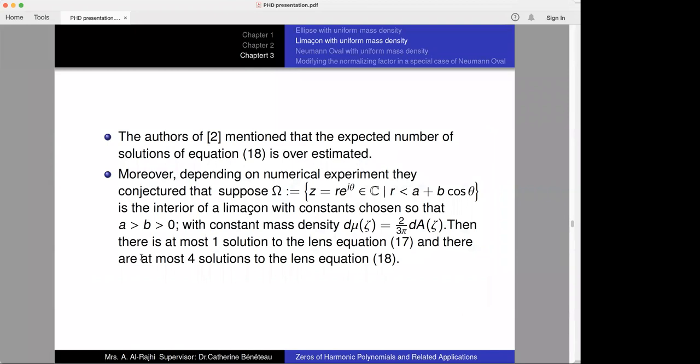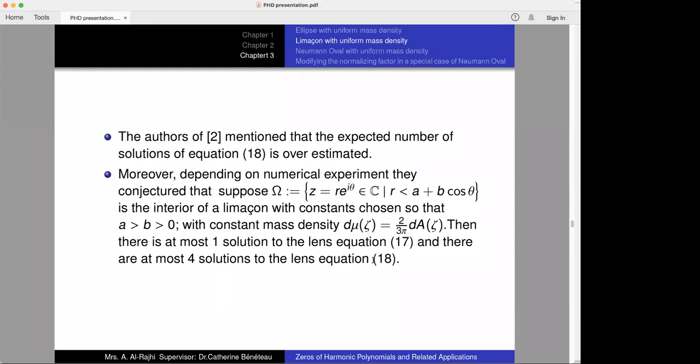The authors mention that the expected number of solutions of equation 18 is an overestimate, as we explained. And they made the conjecture that with this normalizing factor, we will have at most 1 solution of the lens equation 17 and 4 solutions for equation 18.